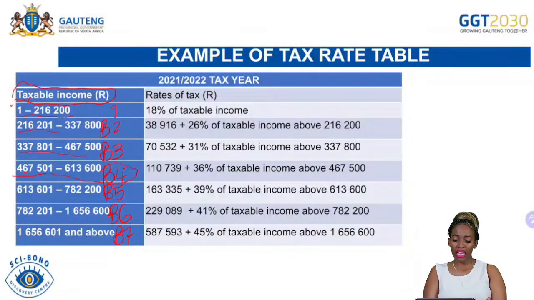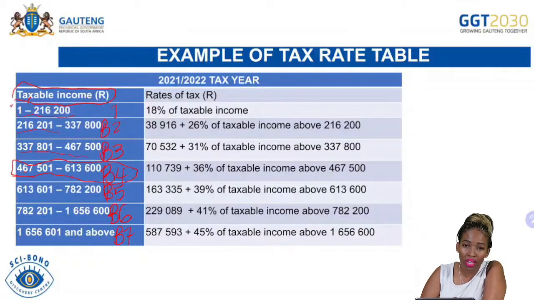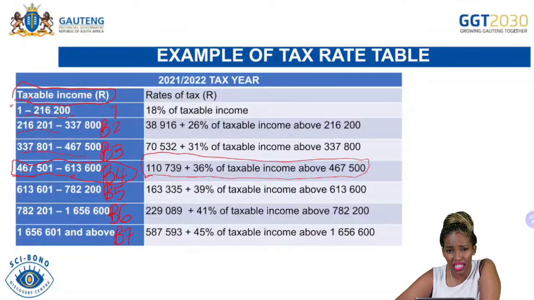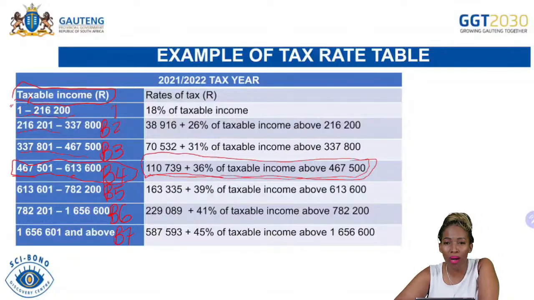Under bracket number 4, because this is where 500,000 will fall in. So once you've located the correct bracket, now you can choose the correct tax formula. They say it is the tax rate, or you can say it is the tax formula. You use this formula to help you calculate the amount of tax that one is going to pay.